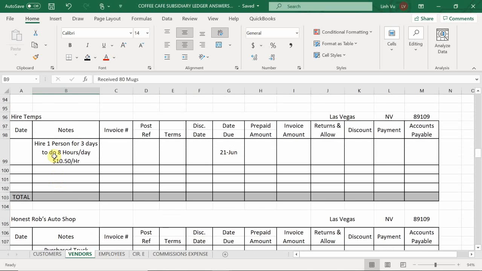Found him. What's the date? 6/21. I don't believe it gave an invoice number.